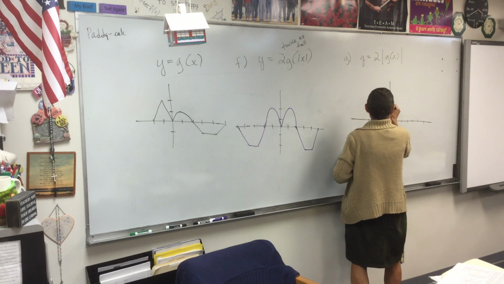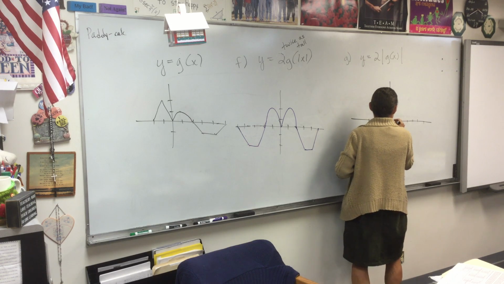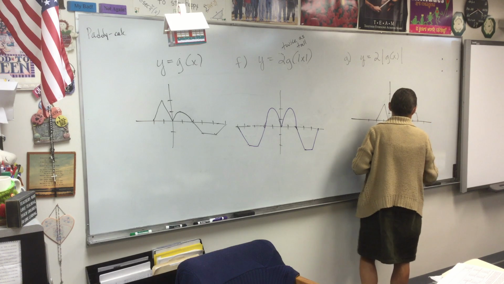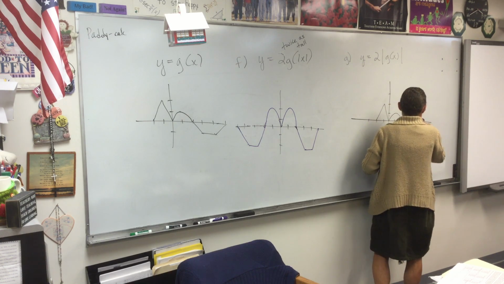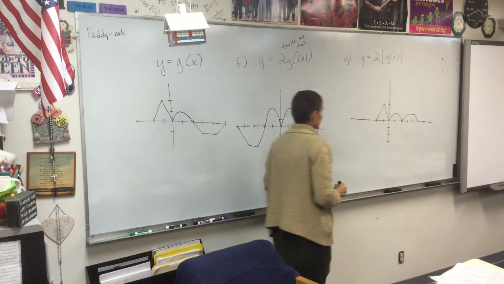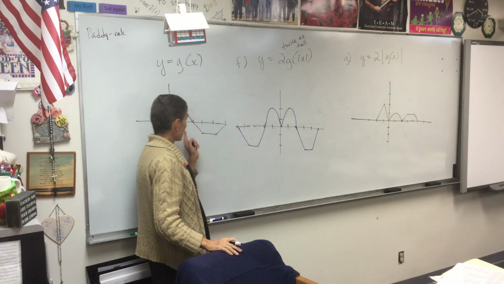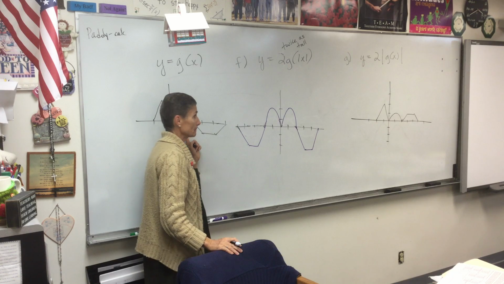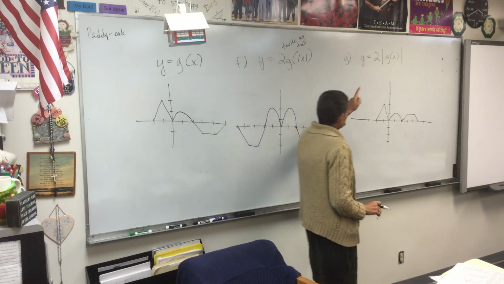So going back to the original, there's my triangle, there's my circle, and then my trapezoid. Okay, that's the absolute value. Everything becomes positive. Now, see that 2 right there?